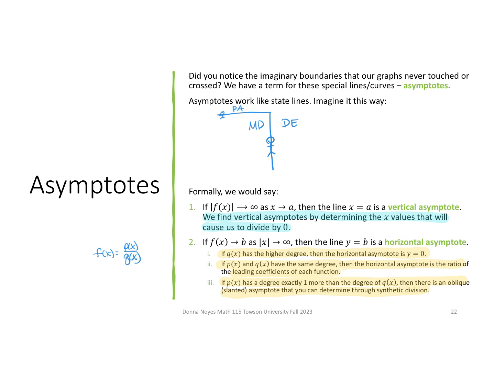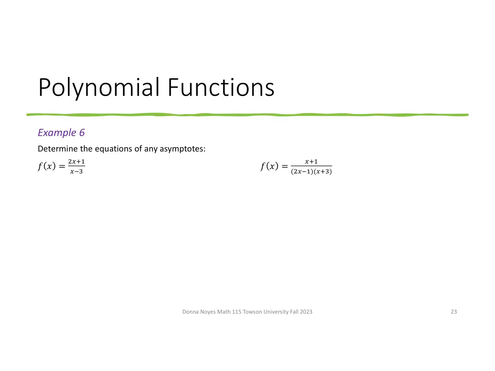So we're going to look at a couple of rational functions to see if we can determine where they have asymptotes, horizontal, vertical, maybe oblique. Let's see. So our first equation says f of x equals 2x plus 1 over x minus 3.